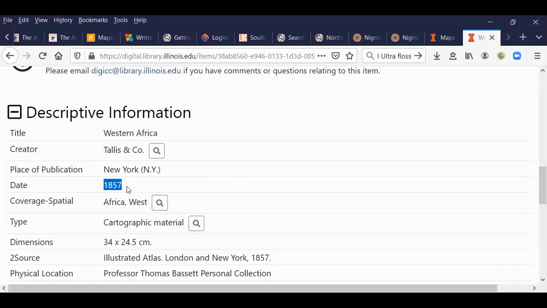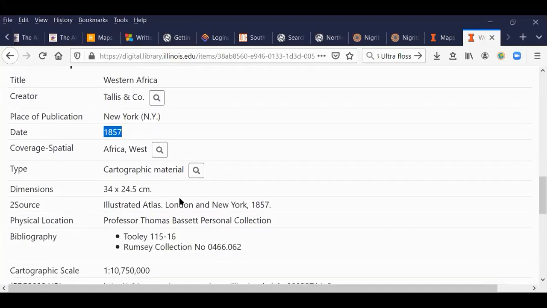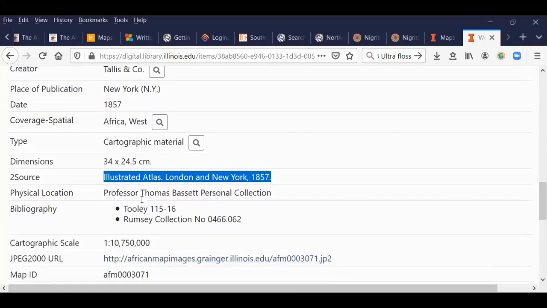But basically 42 years later, that has not only not been corrected, it's been represented as even more artistically affirmed, in this case in an illustrated atlas published both in New York and London.